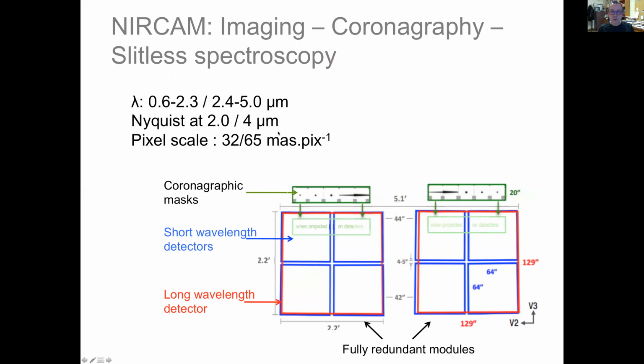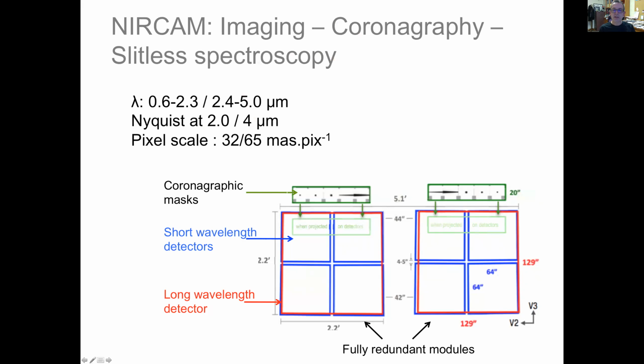So the footprint you see here, for example, the blue ones are the short wavelength detectors. There's 8 of them, okay? And the red one is the long wavelength detector. The pixel scale is such that the long wavelength channels cover the whole size of the instrument.